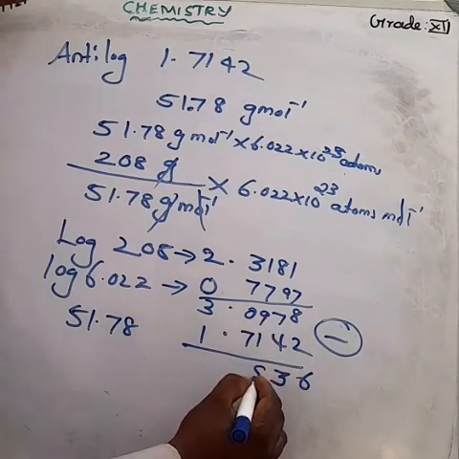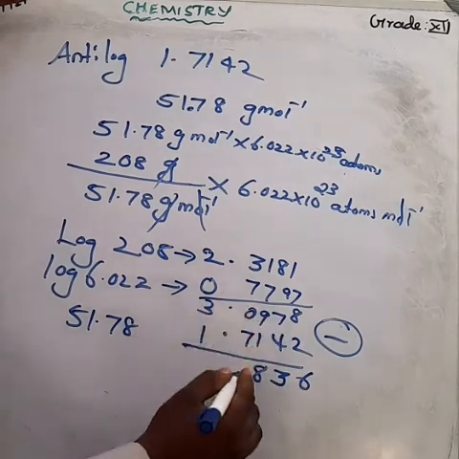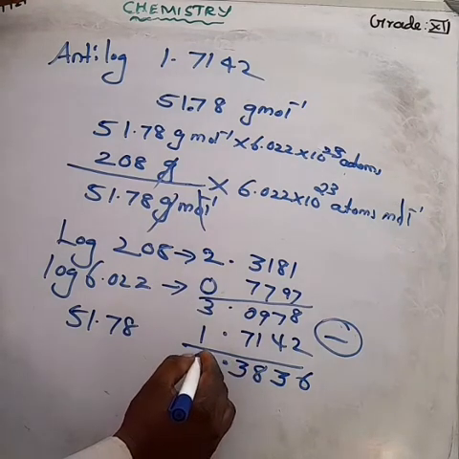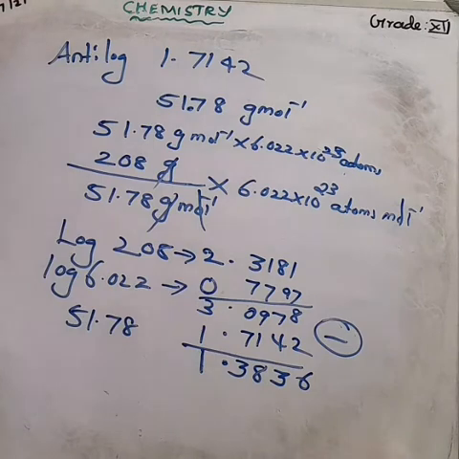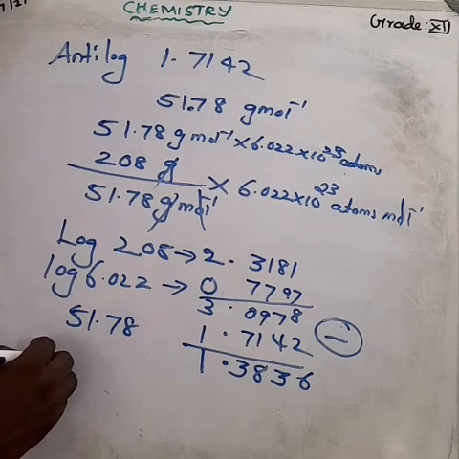So 8 minus 2 is 6, 7 minus 4 is 3, 9 minus 1 is 8, 10 minus 7 is 3, and 2 minus 1 is 1. So we get the answer 1.3836.